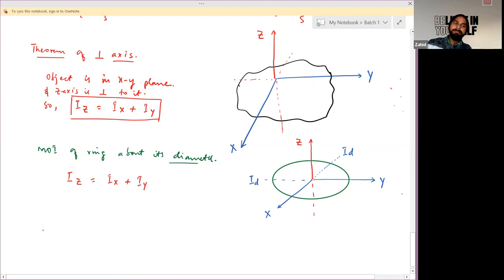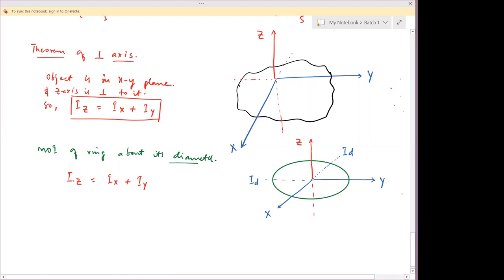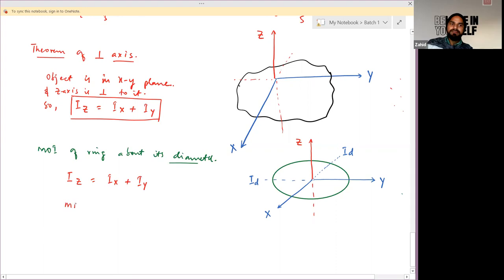Is it clear, Hiba? Yes, sir. Now we have the value for Iz about the center of mass, which is m r square. Ix is diametrical, so we can write it as Id. Iy is also diametrical, so it will also be Id. Id and Id become 2Id. So I diametrical is equal to I divided by 2.